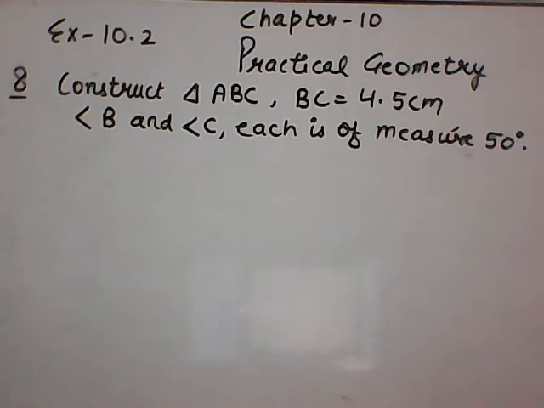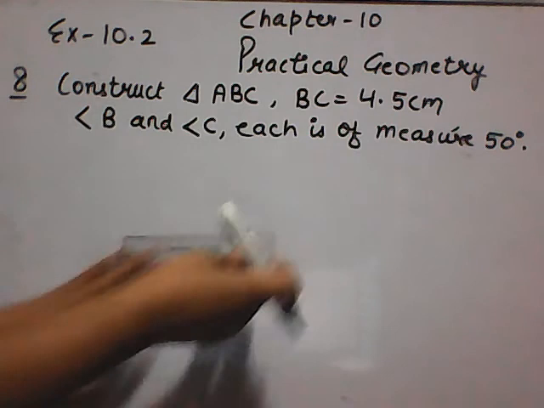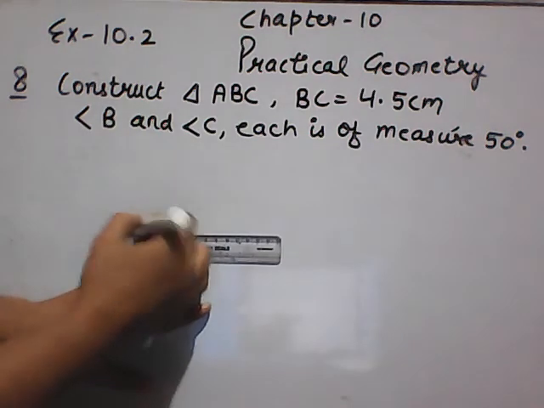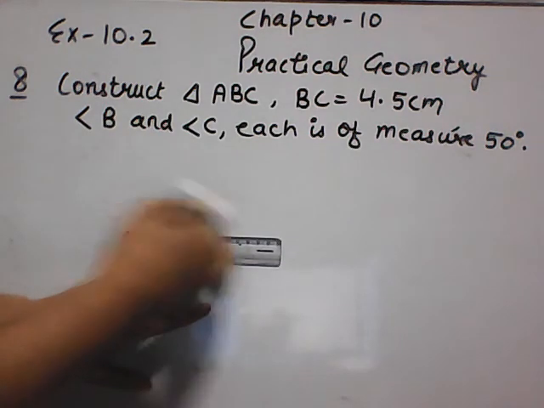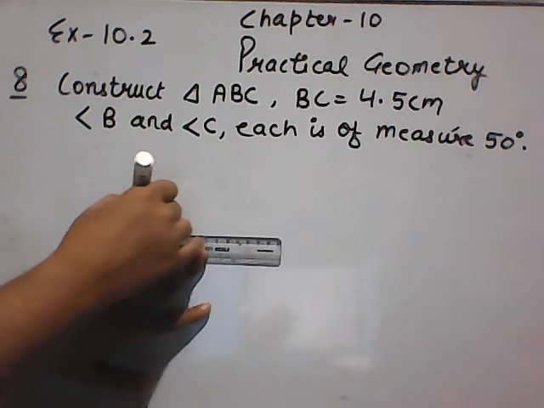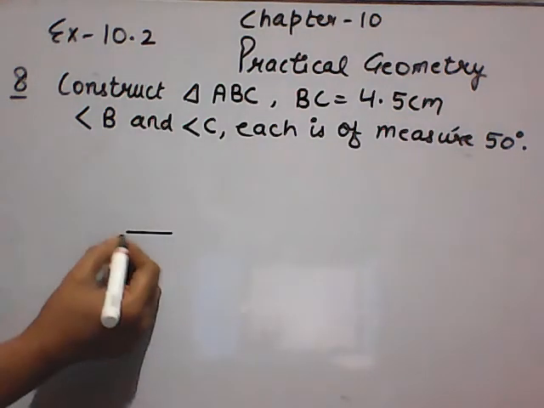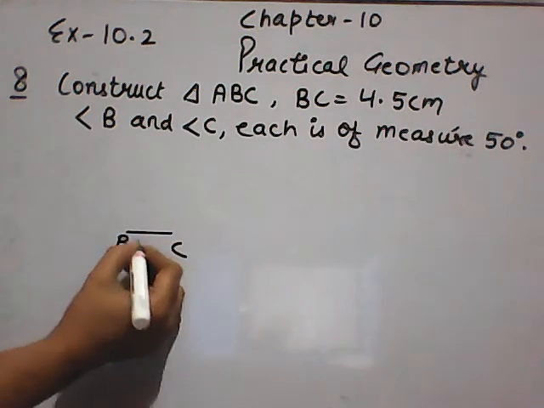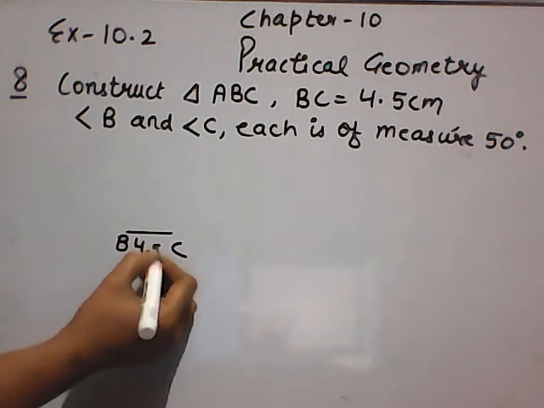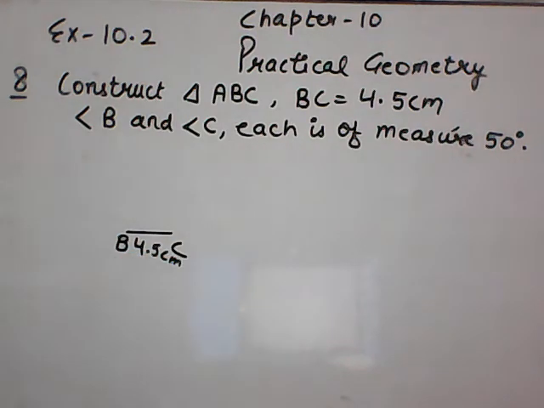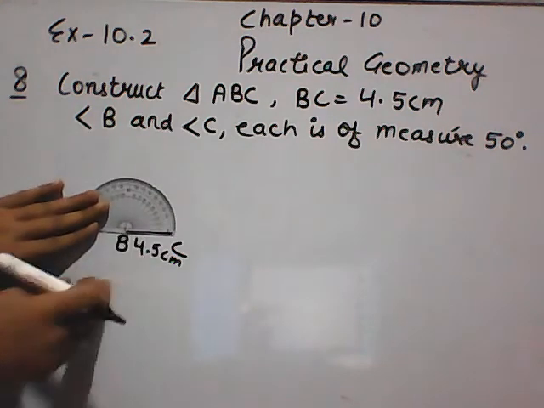Firstly, you have to draw a line segment BC of 4.5 centimeter with the help of ruler. Now 0 to 4.5, it is BC, 4.5 centimeter, and you have to draw 50-degree angle on each of its base, at B and angle C. Now at B you have to draw 50-degree angle.